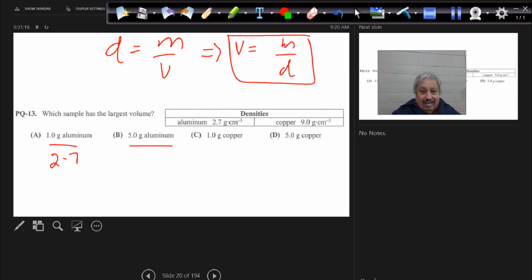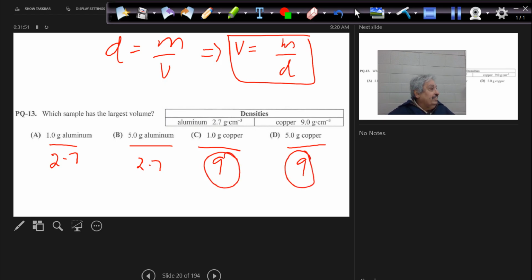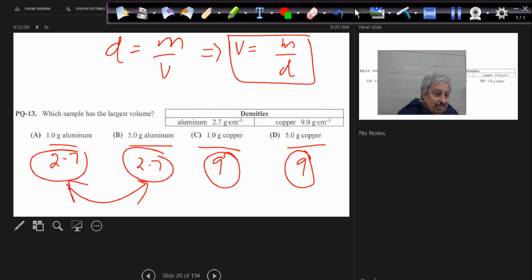Copper is divided by 9. So which one will be the largest of all those? If you have a very large number at the bottom, then this value will be small, correct? So the value has to be with the smallest number at the bottom.